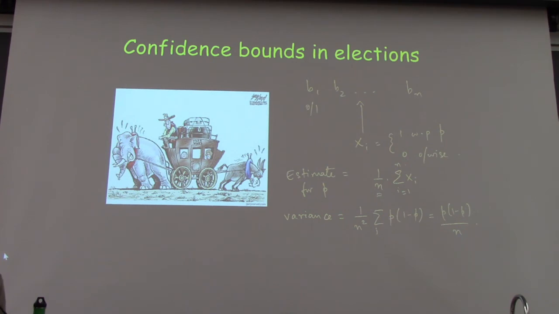So the thing to observe is that p is a constant and this drops off as 1 over n. What this is telling you is that if you take n different samples, the variance is going down as 1 by n. So the standard deviation goes down as 1 by square root n.